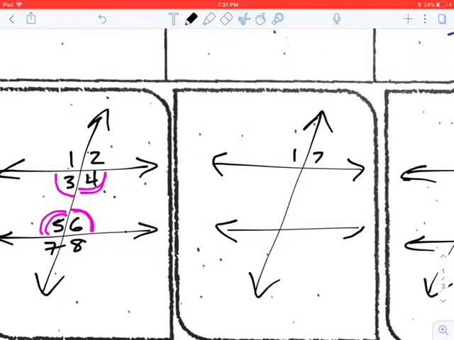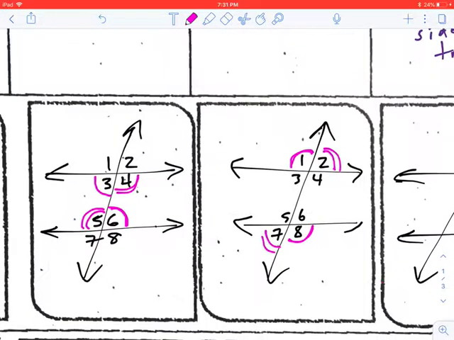And that goes the same for this next one, alternate exterior. So if I've got the same angles, 1, 2, 3, 4, 5, 6, 7, and 8, look at our exterior angles. I've got 1 and 8 are exterior and alternate, 2 and 7, alternate exterior.